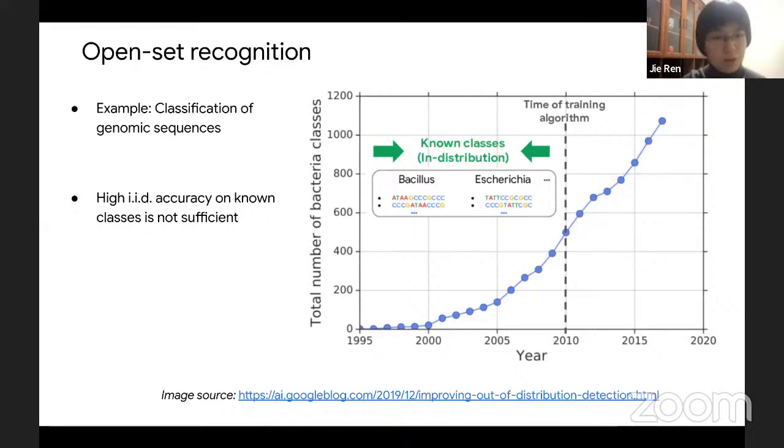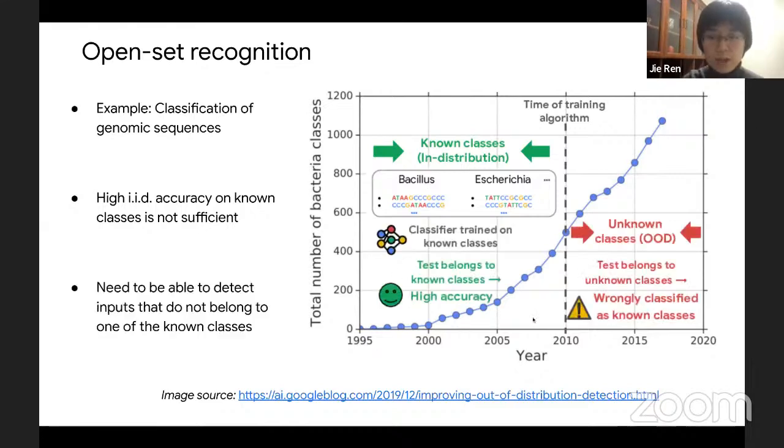So why is this an important problem? Because bacterial detection is crucial for diagnosis and treatment of infectious diseases, and new bacterial species can be discovered in later years. At training time, we only have data for the known bacteria classes, and we can train a good classifier for them.